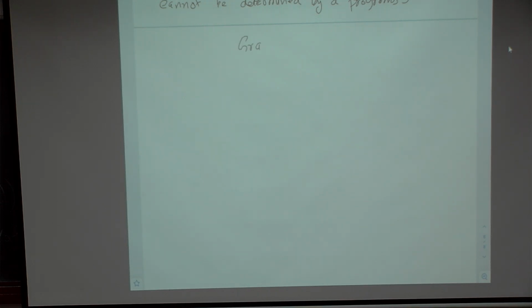All of you are comfortable with graphs? Okay. So this is the graph that I will draw. So the graph has vertices and edges. I'm not looking at simple graphs, so there may be multiple edges between a pair of vertices.